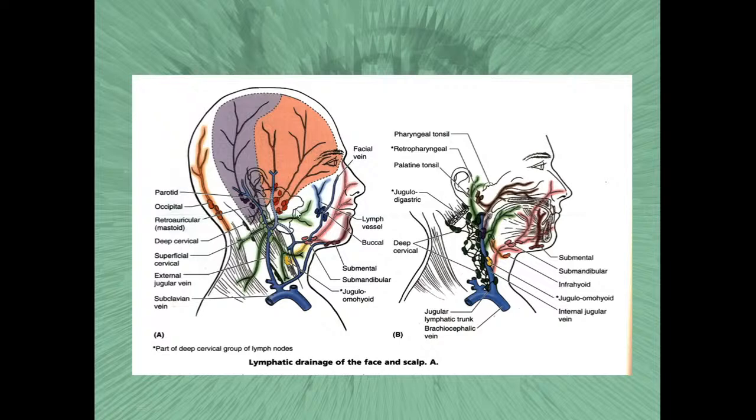Then parotid lymph nodes, quite a big group of the lymphatic nodes, and you see here on this diagram the regions of the lymphatic drainage are painted by different colors, and you can easily understand from which area this or that regional lymphatic node receives the lymphatic drainage. Then buccal lymphatic nodes, also known as the facial, because they are located along the pathway of the facial artery and vein.